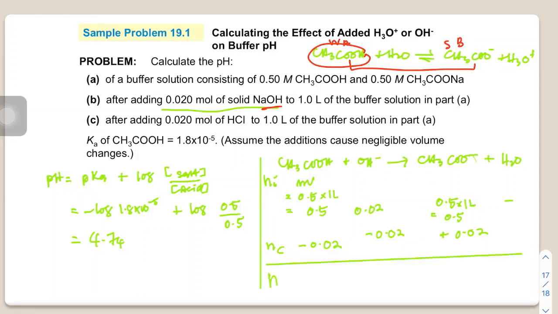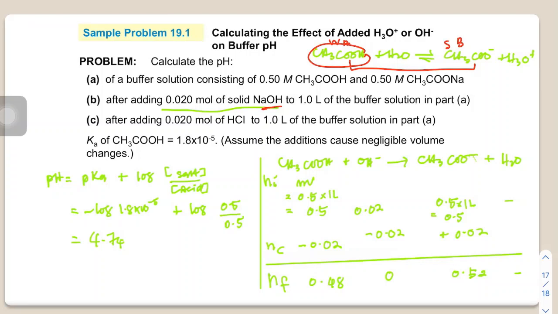Then we have amount final, so 0.5 minus 0.02 is equal to 0.48. This is 0 and 0.52, dash. So this is the new amount of the acetic acid and also sodium acetate.